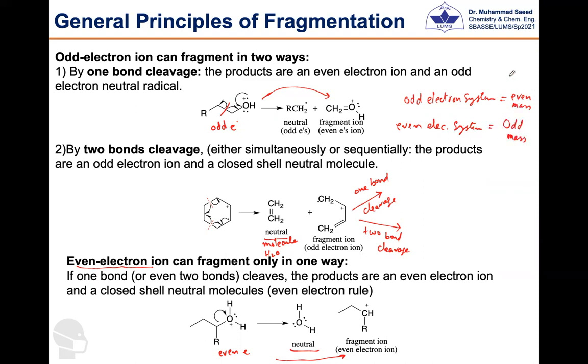So by looking at the mass spectrum and seeing if the fragment has an odd mass or even mass, we can correlate back what type of electron system it has. So even mass indicates an odd electron system, and odd mass indicates an even electron system. And that is applicable only when there is no nitrogen in your molecule.